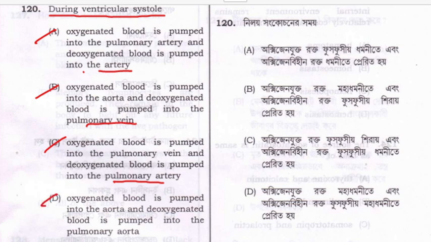Option D: oxygenated blood is pumped into the aorta and deoxygenated blood is pumped into the pulmonary aorta. So the correct answer will be option C. The oxygenated blood is pumped into the pulmonary vein and deoxygenated blood is pumped into the pulmonary artery.